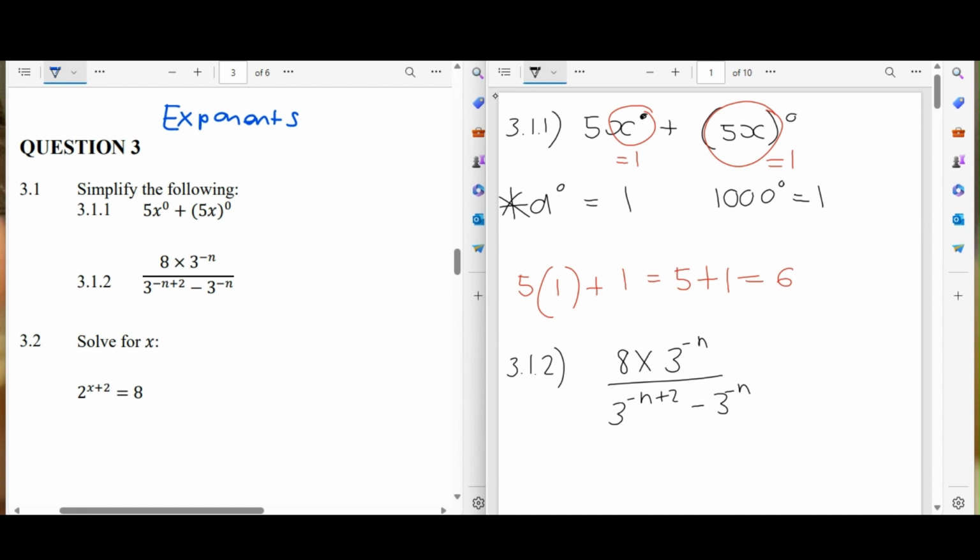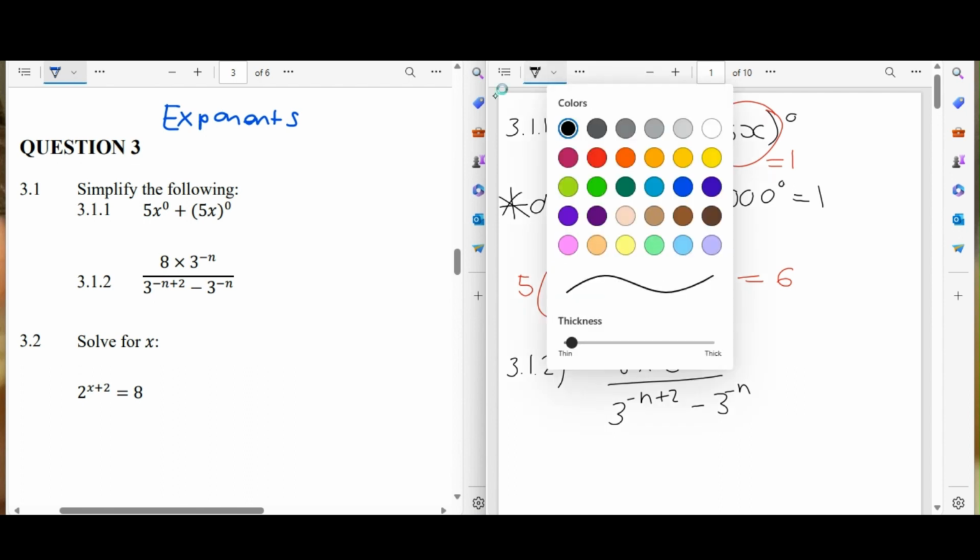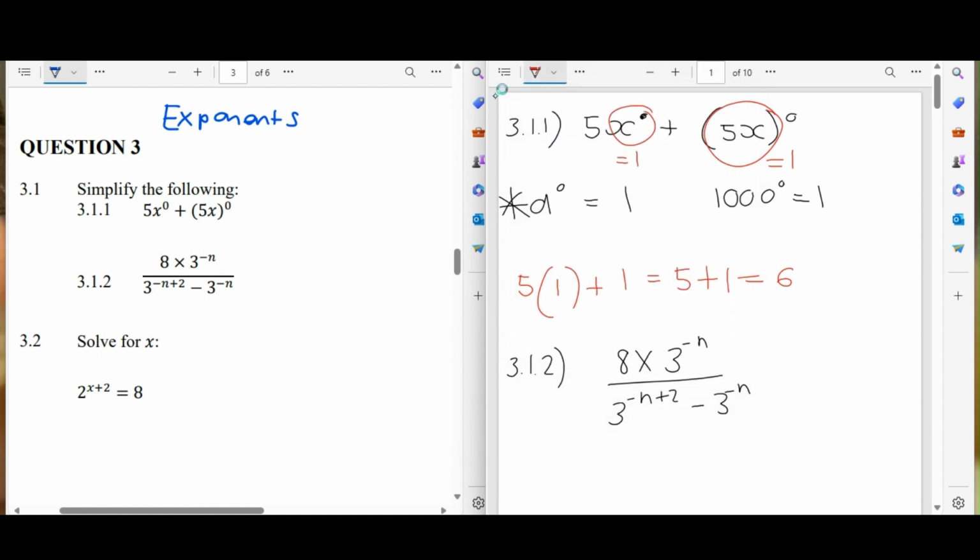Let's see what we can do here. We can work at the bottom. Sometimes it takes a while to see what rule you need to use. We are going to separate these two.